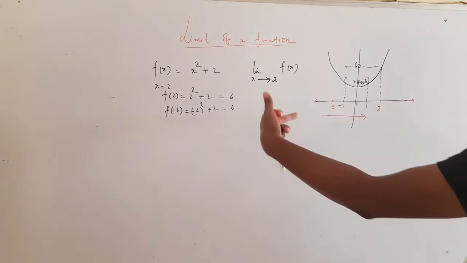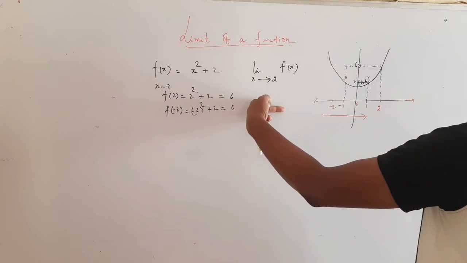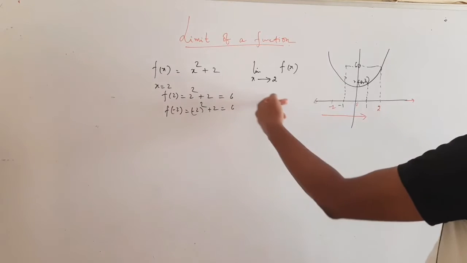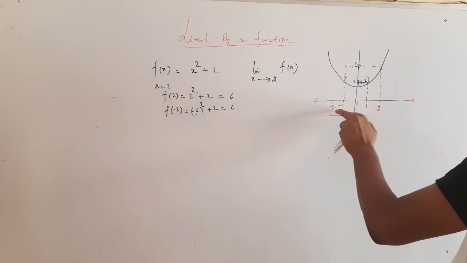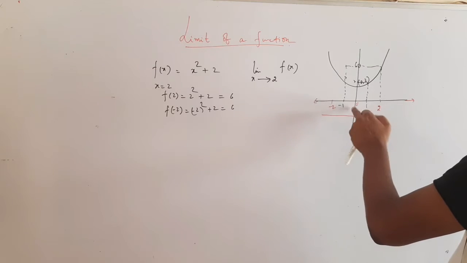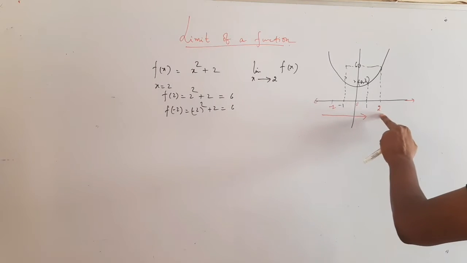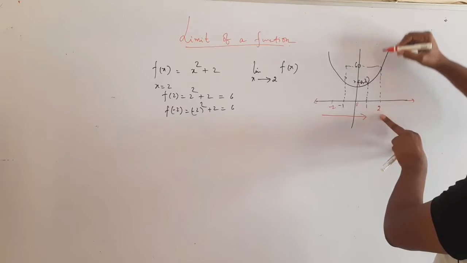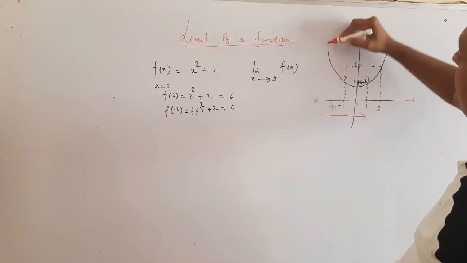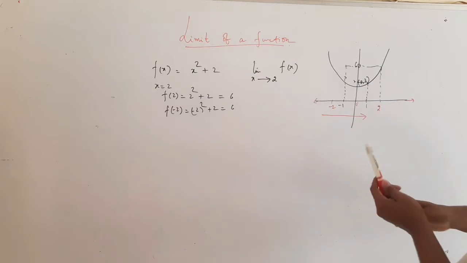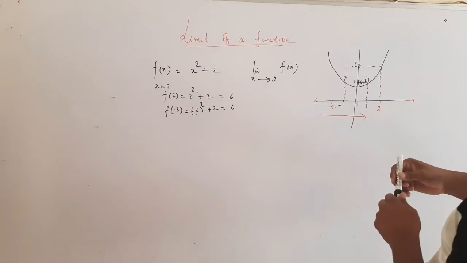So x is approaching, which means x is in increasing order. x is coming from minus infinity, and then it comes here at minus 2, minus 1, 0, 1 and 2.